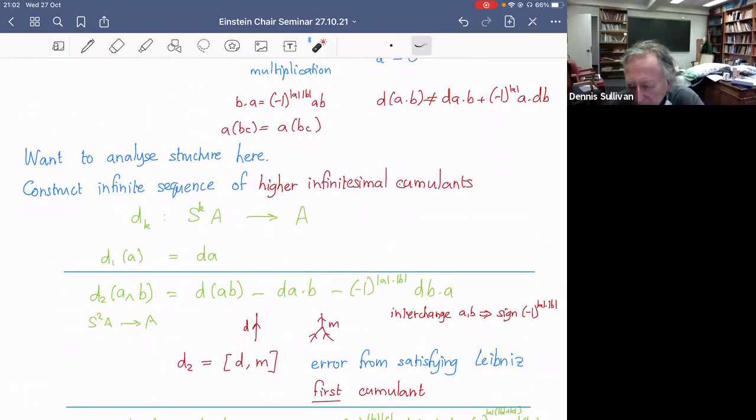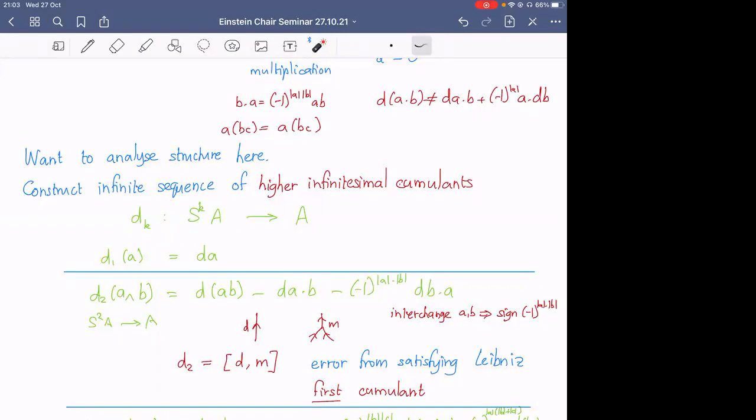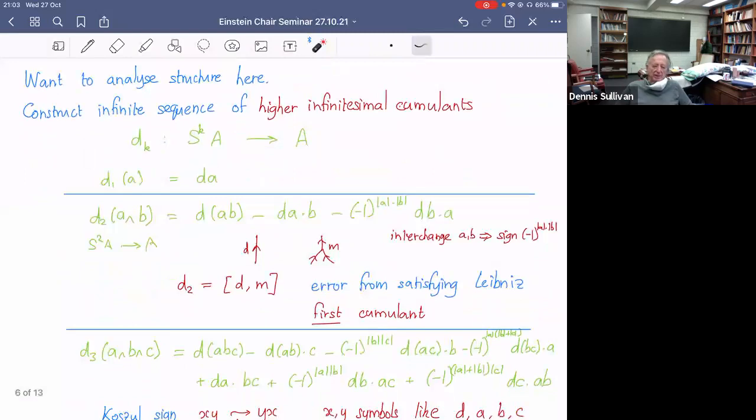Okay, so this is this error from satisfying Leibniz. Can I quibble? Yes. That's not a subalgebra. I mean, it's a sub-coalgebra. So you usually take the quotient by identifying AB to BA with the sign, right? Yes. Because you're going to talk about coalgebras in a minute.